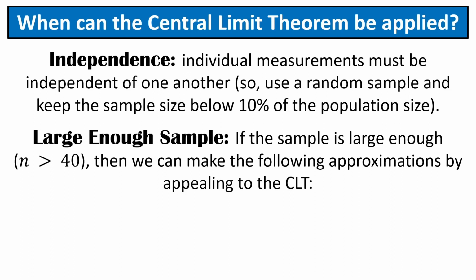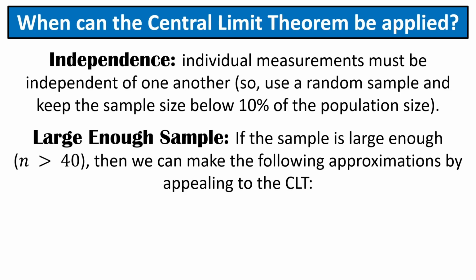But if that distribution for individual measurements is very non-normal, let's say it has a very heavy skew to the left or to the right, in that case, you need a larger sample size in order to ensure that the central limit theorem can be applied. So how big? Typically, we say the sample size needs to be at least 40 when the distribution for those individual measurements is highly non-normal. For example, if it has a big skew to one side.